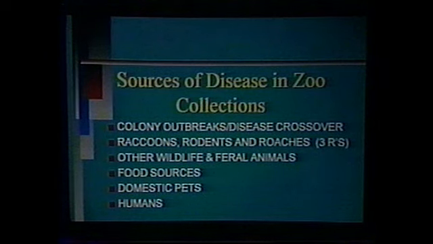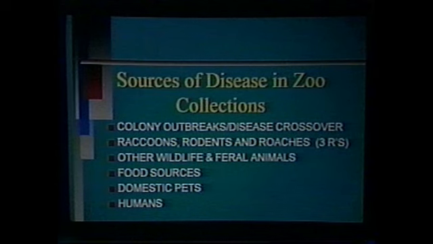One of the situations we deal with very commonly is diseases that are transmitted from the wildlife in the area. For example, there are many raccoons, rodents, and roaches, as I have noted, the 3 R's, often responsible for many of the viral, bacterial, and parasitic diseases we see in our captive species.